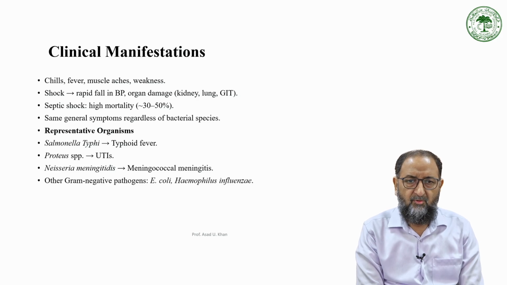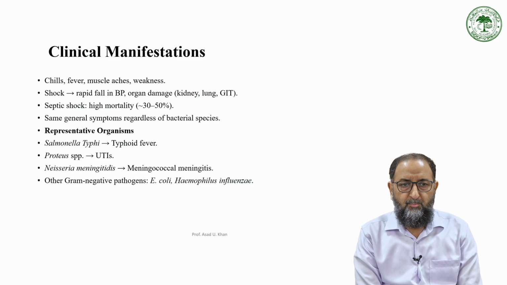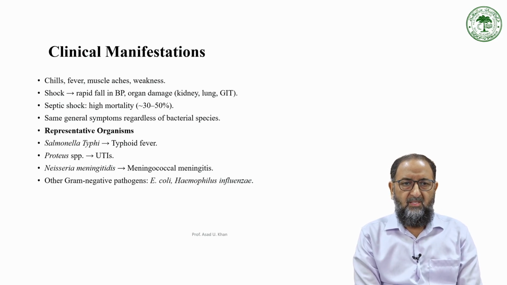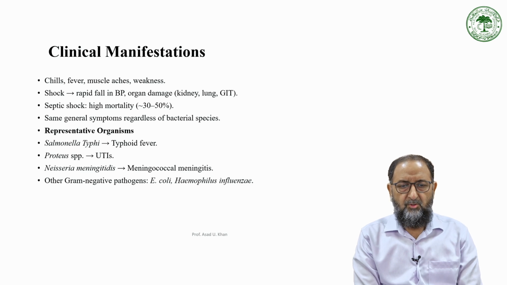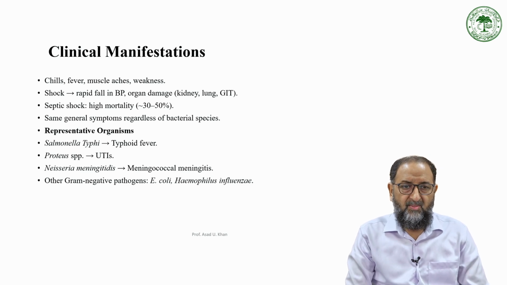Then representative organisms like Salmonella typhi, typhoid fever, Proteus species, which may lead to UTI infection, and then Neisseria meningitidis. This is called meningococcal meningitis. So these are all deadly infections caused by these bacteria, and they are emergency infections.